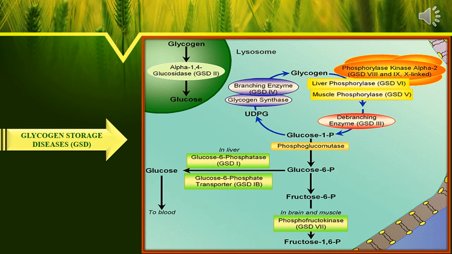So deficiency of the particular enzyme involved in the process will lead to GSDs. GSDs are of many types, from type 1 to type 11. We can see the causes and clinical manifestations due to deficiency of these enzymes, and the types of GSDs, in the next slide.